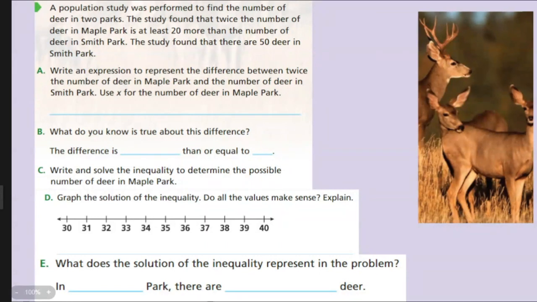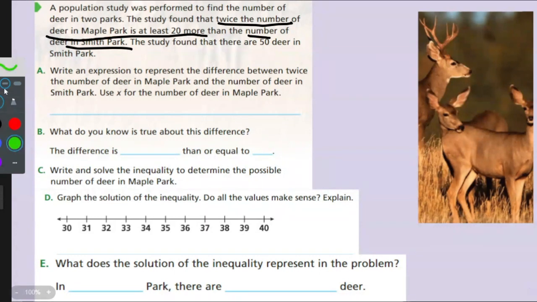Reread the problem and identify the quantities that are going to be relevant to part A. So what the study found is that twice the number of deer in Maple Park is at least 20 more than the number of deer in Smith Park. Okay. Now, the study found that there are 50 deer in Smith Park.